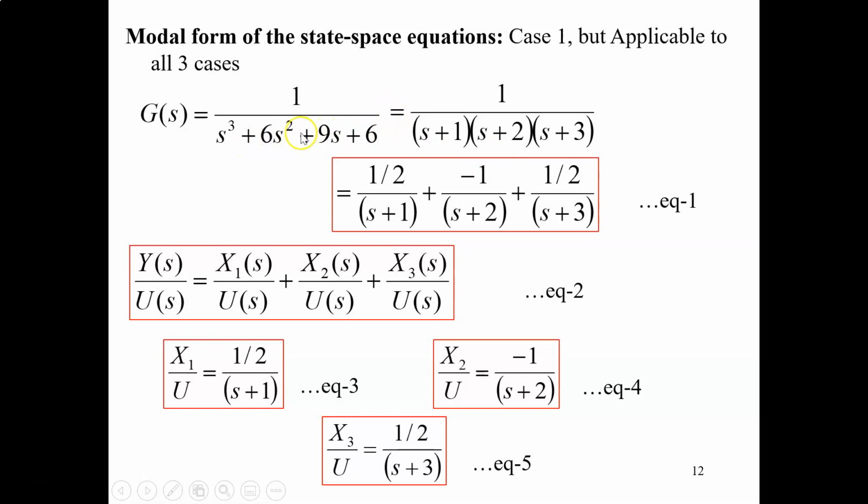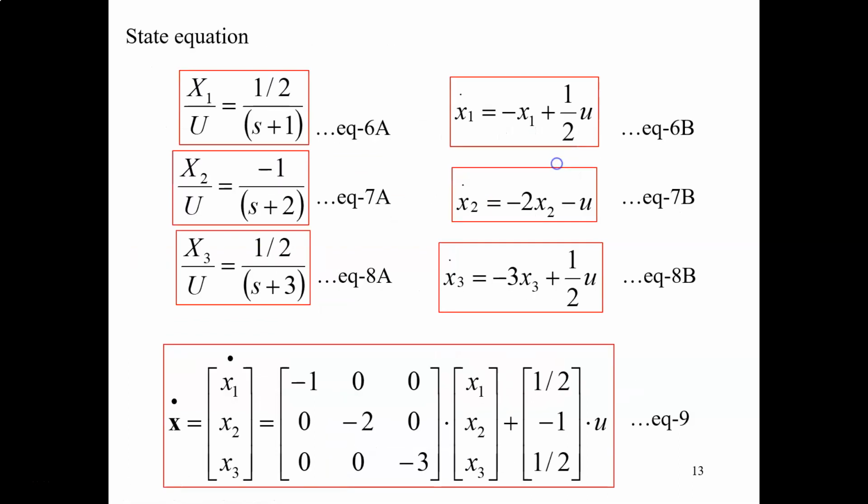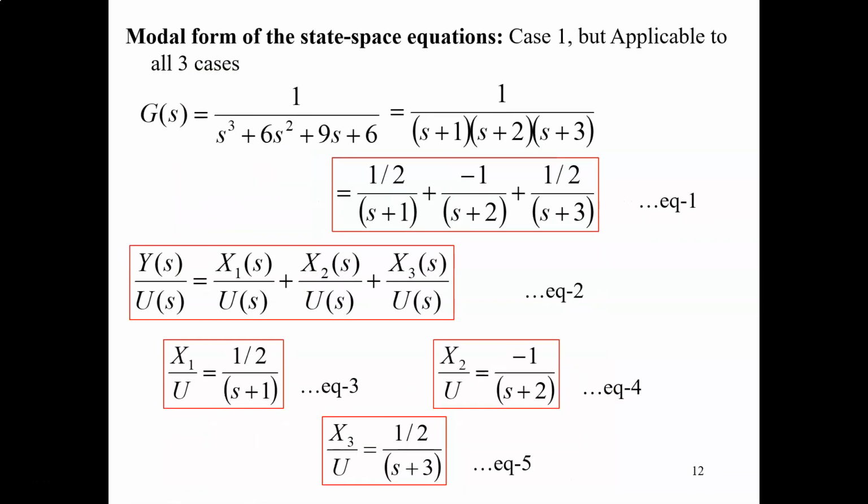I've chosen numbers deliberately because I knew I would get that, okay? So you do the partial fractions, like what we did for the output response. You find the coefficients A, B, and C using either the common denominator method or the cover-up method I introduced.